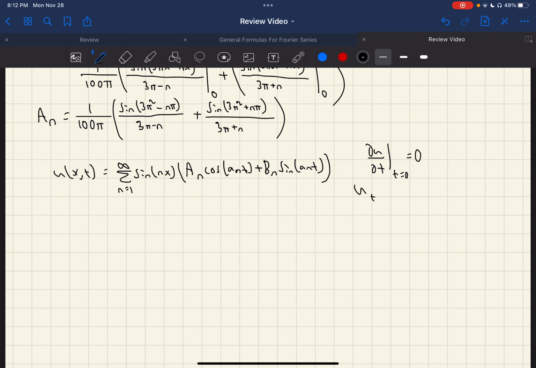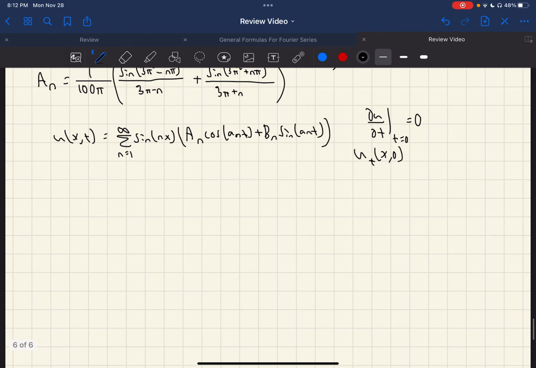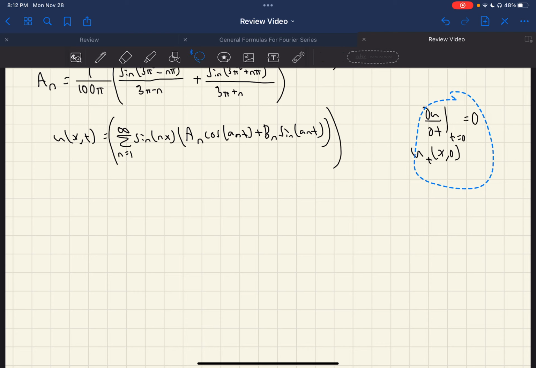Or we can write it like this. And that means we have to take the partial derivative with respect to t for this whole function, or this whole series in this case.